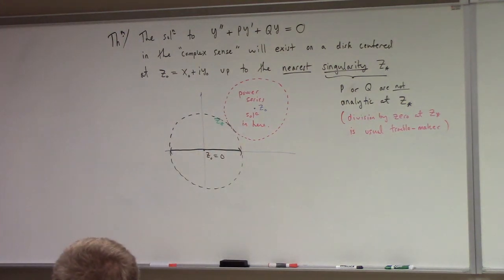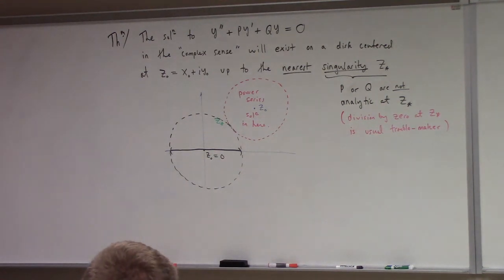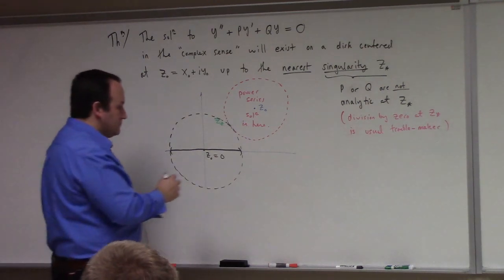So what you look at is the intersection of this disk in the complex plane with the real axis, and that tells you what your domain will be for the power series solutions you find to a differential equation. So this is the technique to find how big your solution's domain will be for an ordinary point.